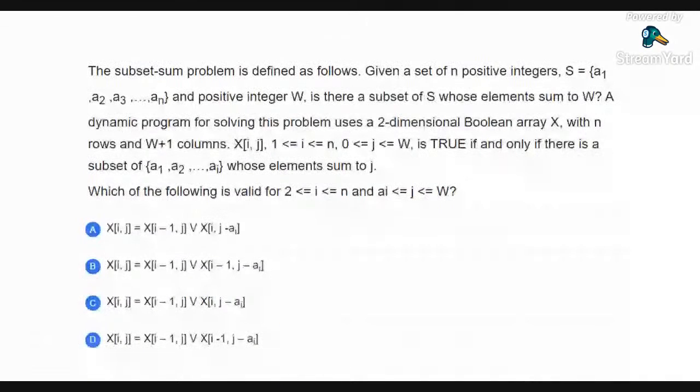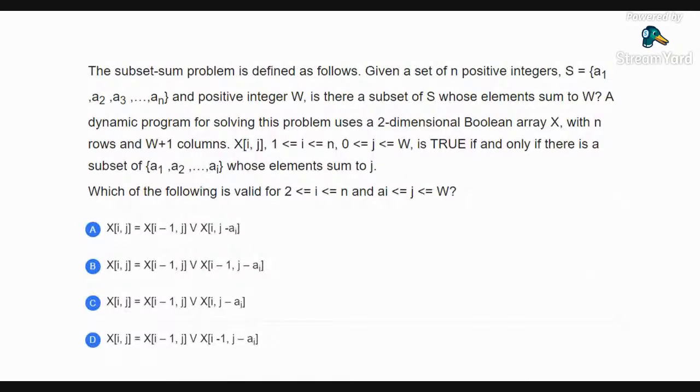Okay, now see some problems based on this knapsack problem. The first question is that the subset sum problem is defined as follows. Given a set of n positive integers, a1, a2, ..., an, and a positive integer w, is there a subset of S whose elements sum to w?